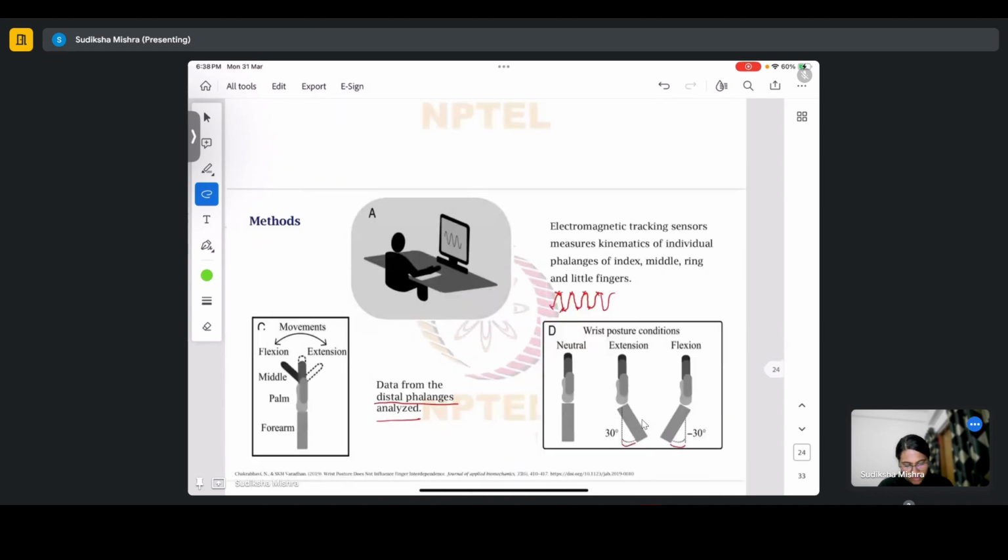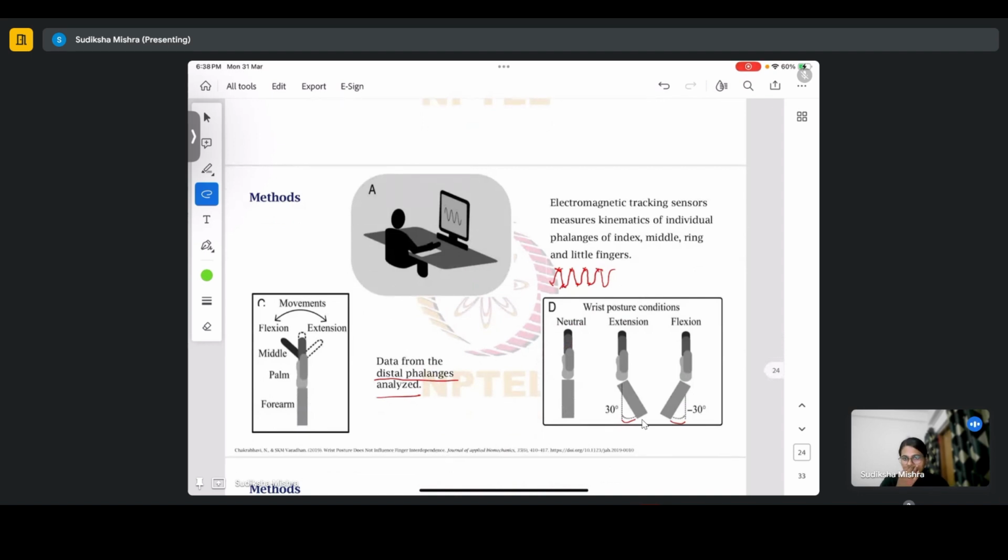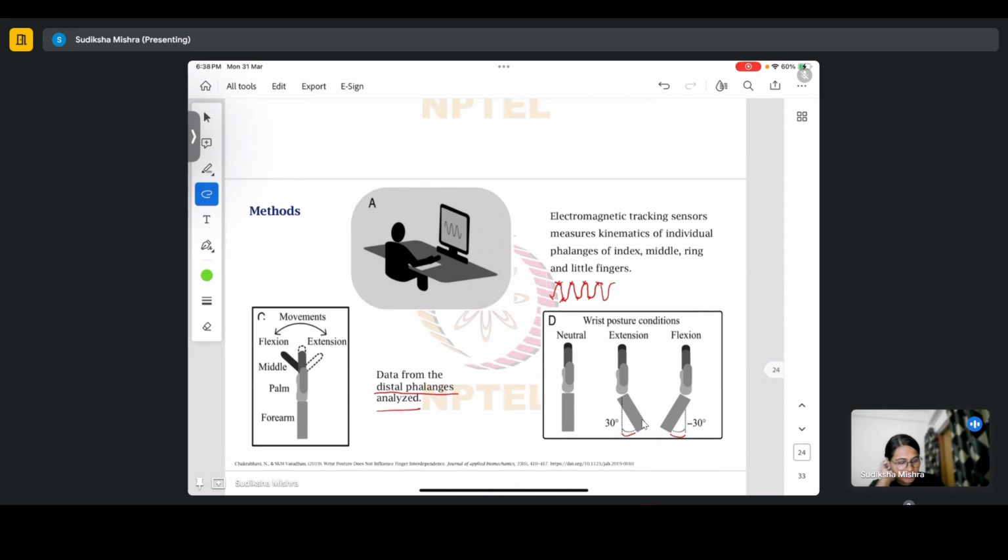Okay, so coming to the methods that the paper has employed, there are electromagnetic tracking sensors which measure the movement of the individual phalanges of the index, middle, ring, and little fingers. There are three movements of the finger itself: neutral, extension, and flexion.